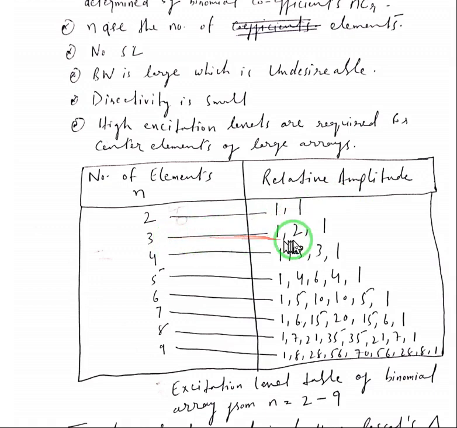If we have 3, we have to provide at the center the maximum level of excitation, that is 2. For 4, again in the center elements, we have to provide more excitation levels here also.